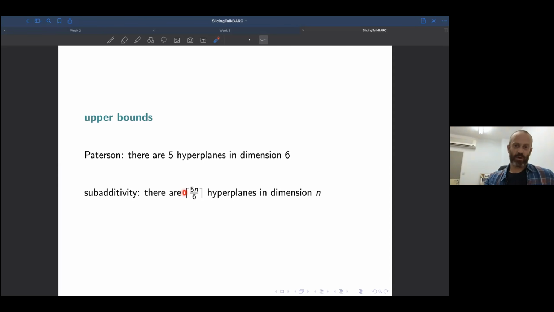Even though this is about 50 years ago, this is the best upper bound we know. I guess nobody else also found a real structure in this construction that you can exploit to get a better understanding.